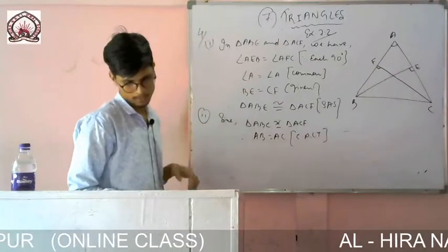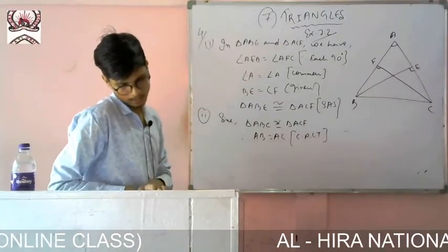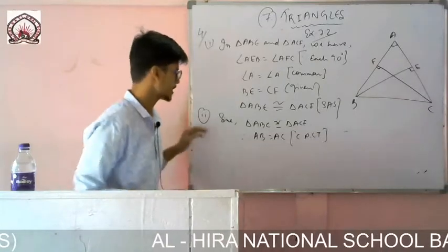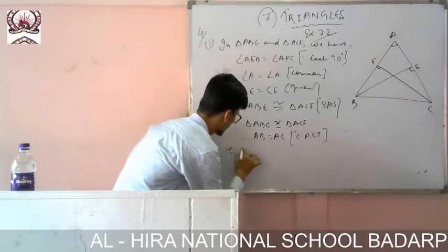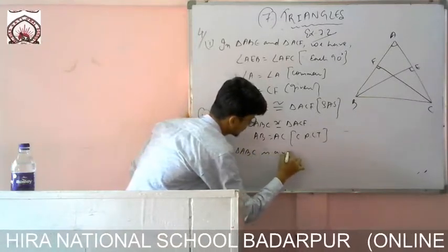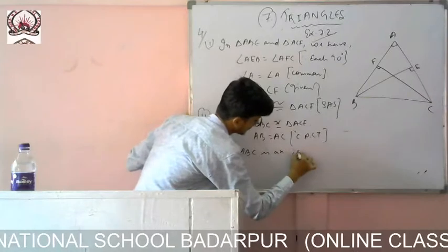So AB is equal to AC, that is, triangle ABC is an isosceles triangle.